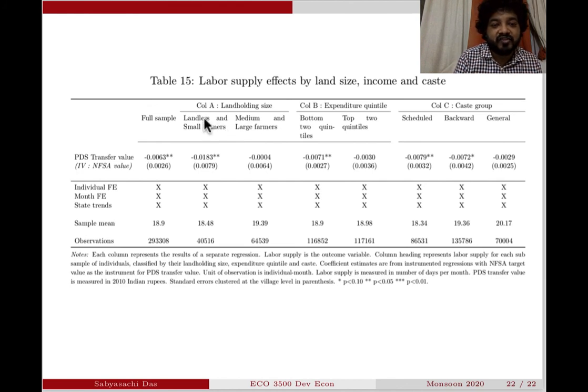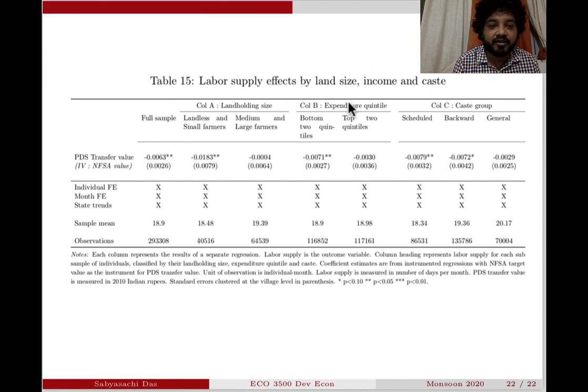Basically they are looking at two subsamples: landless and small farmers, those who own a small piece of land, and medium and large farmers. Again, what you find is that it's driven by the smaller guys, the needier ones. Those who are landless or small farmers are the ones who work in the non-farm sector, and those are the ones reducing their labor supply.